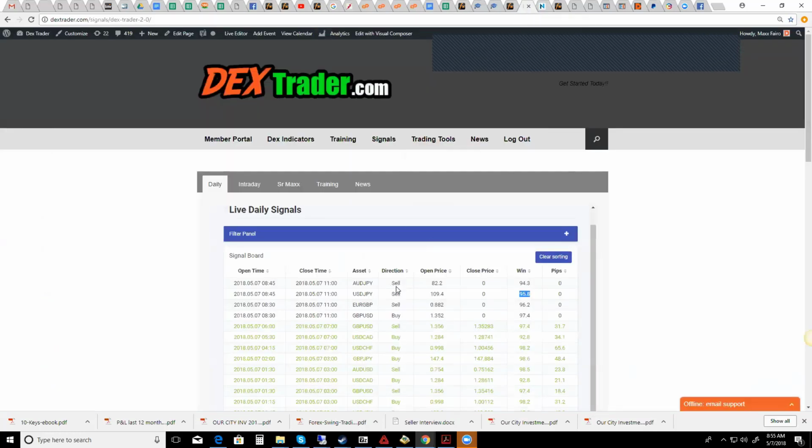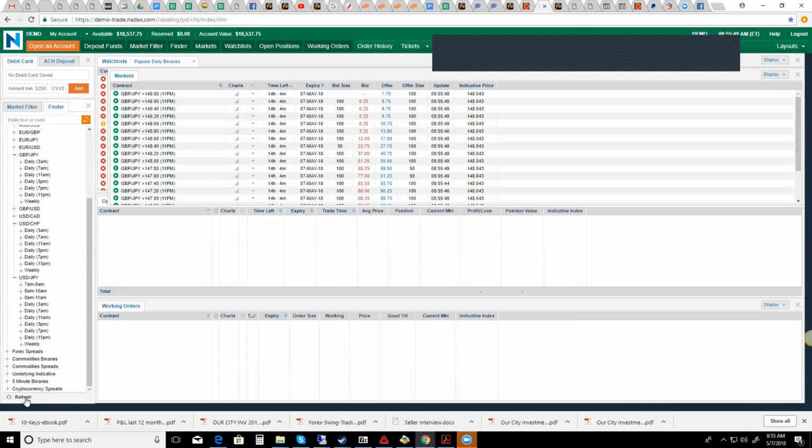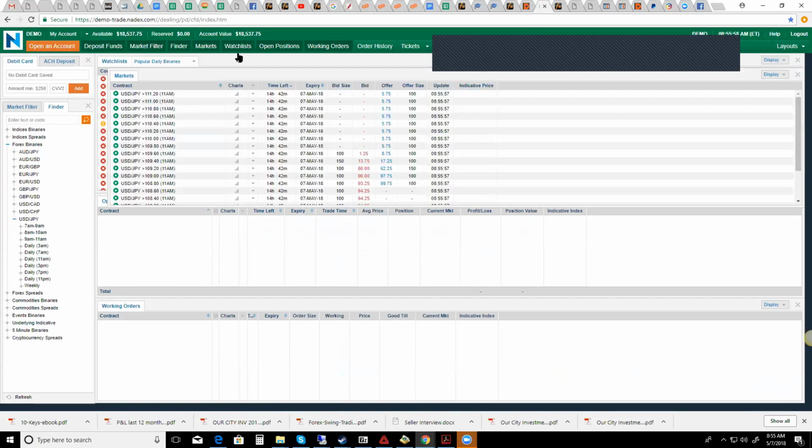Okay, so we're looking at the AUD JPY. Oh no, sorry, USD JPY, 109.40 on a sell. USD JPY, look down here. Oh, I have to refresh. USD JPY, we're looking for the 11 a.m. daily. 109.40 on the sell.